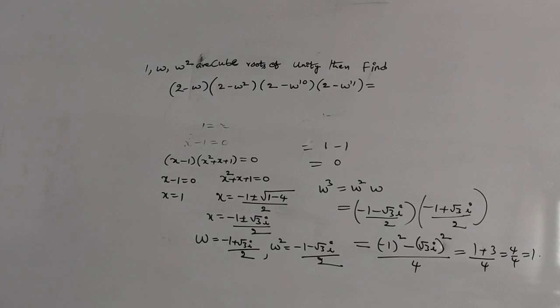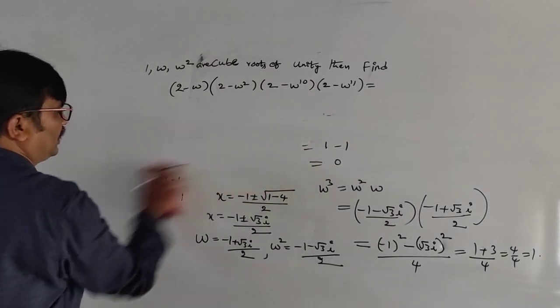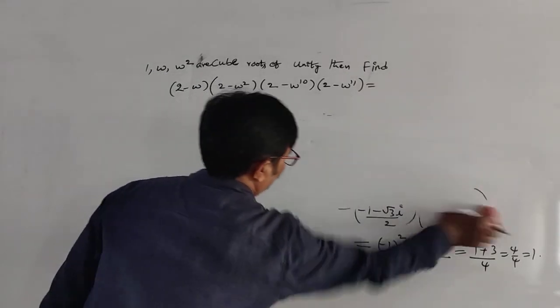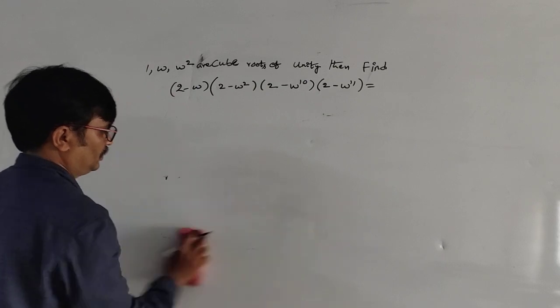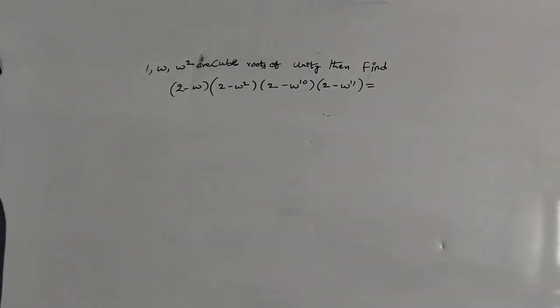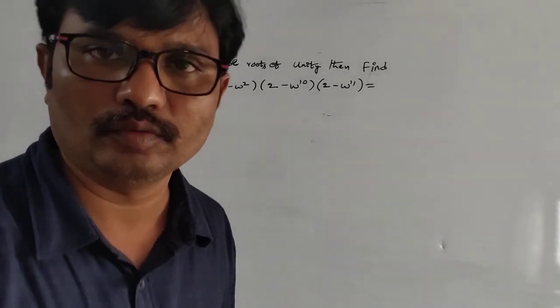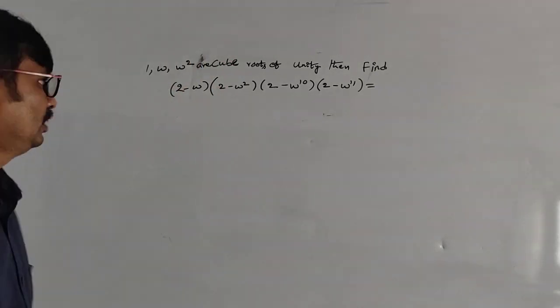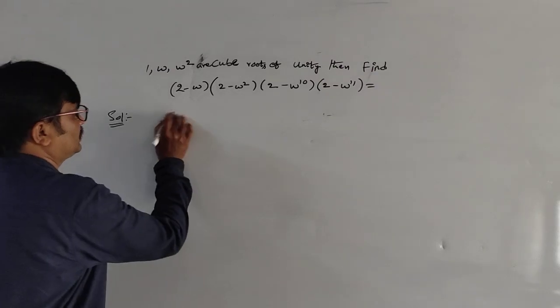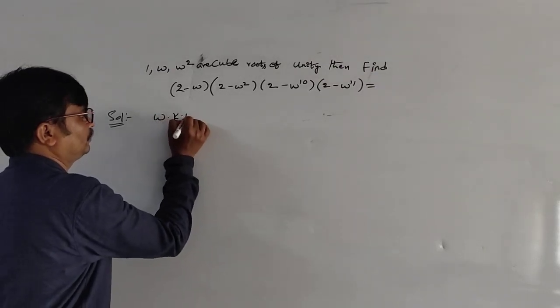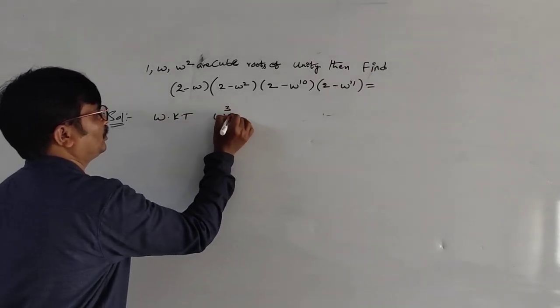So students, we know that 1, omega, omega square are the cube roots of unity. Just now we saw that 1 plus omega plus omega square is 0 and omega cube is 1. So how can you write this?